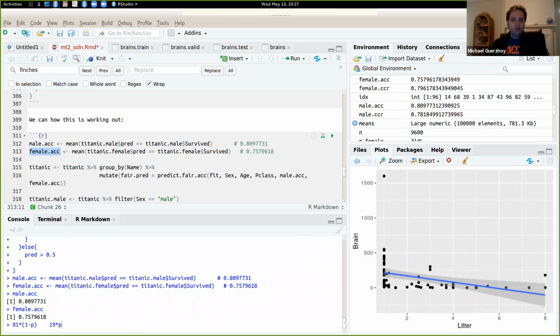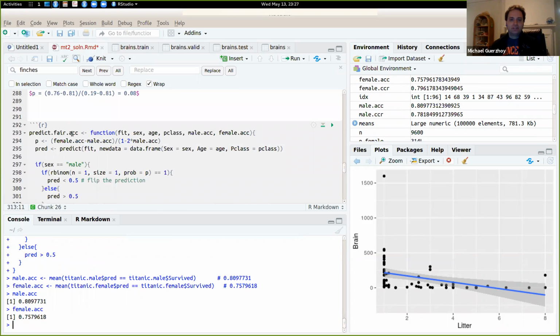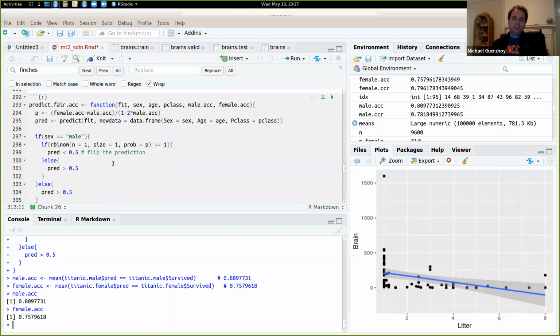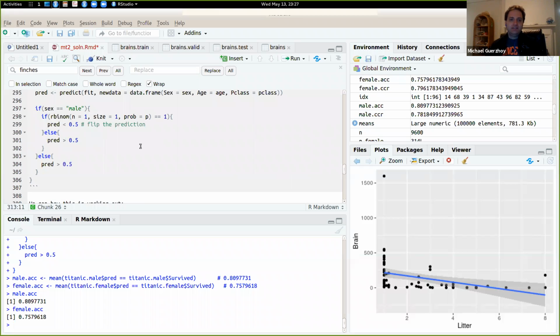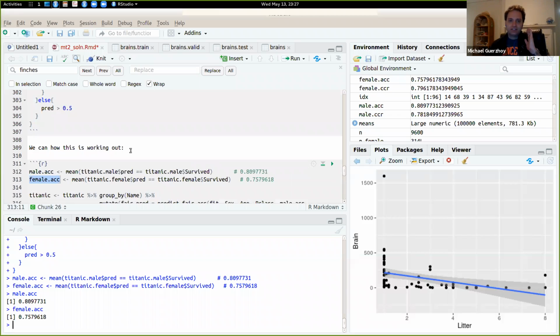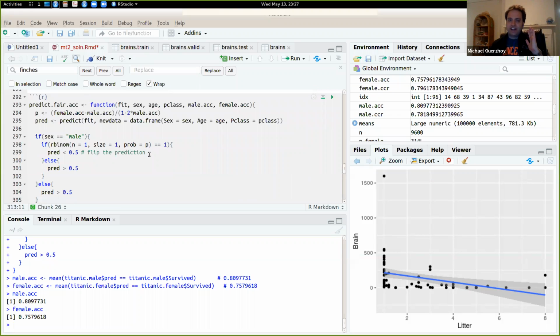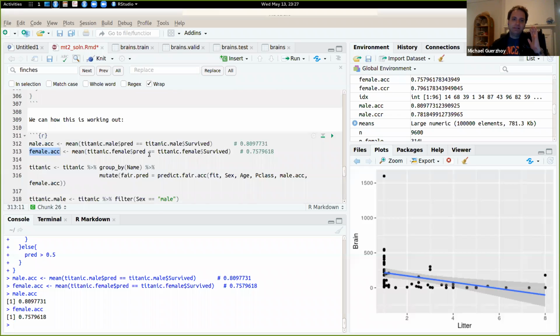So now what I'll do is a little bit of a trick, because I want to use this predict pair accuracy function on every row of the Titanic data frame, right? In order to do that, I can't, because I have the if statements, I can't have vectors plugged into predict pair accuracy. So what I'll do is I'll group by name.